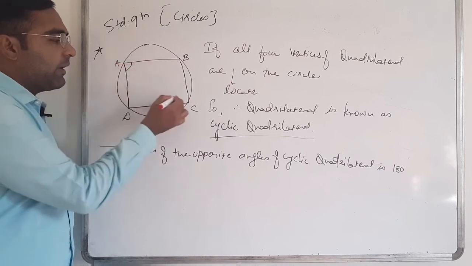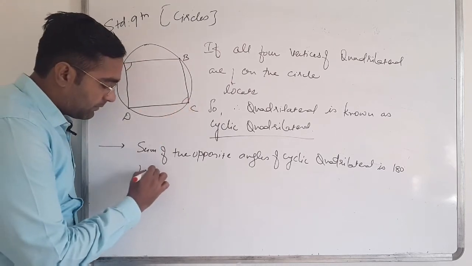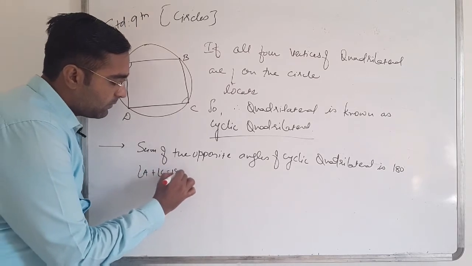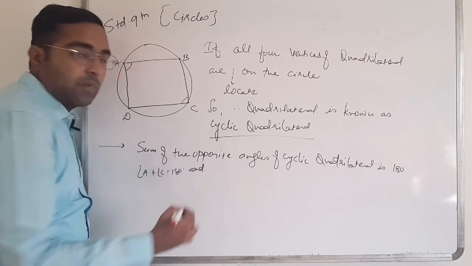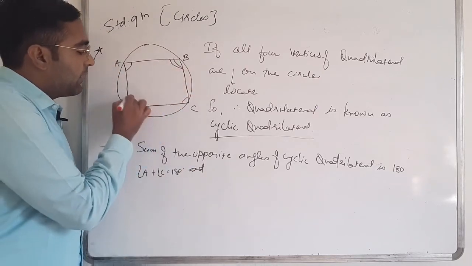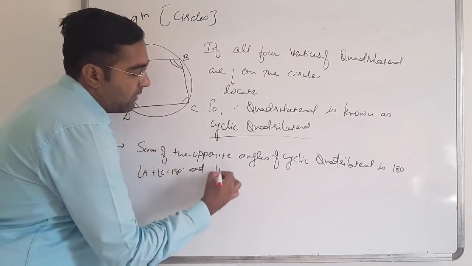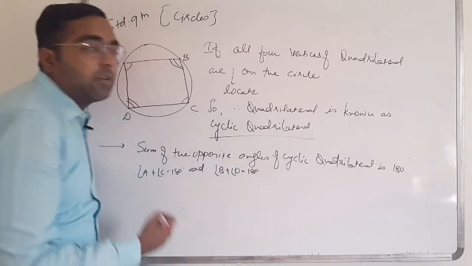That means angle A and angle C sum to 180 degrees, and angle B plus angle D is equal to 180 degrees.